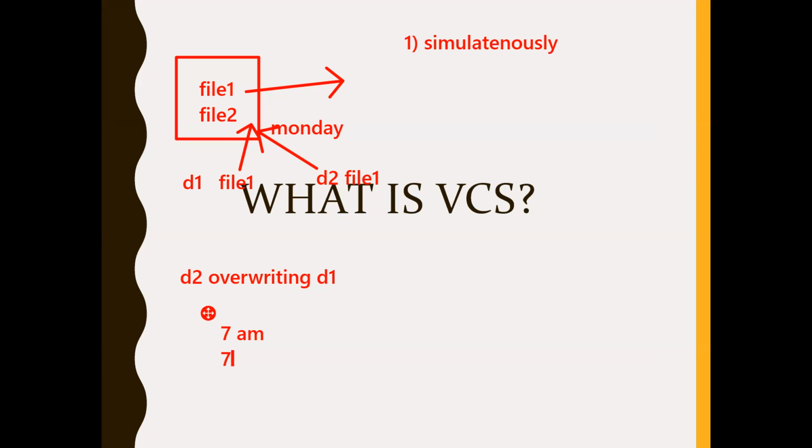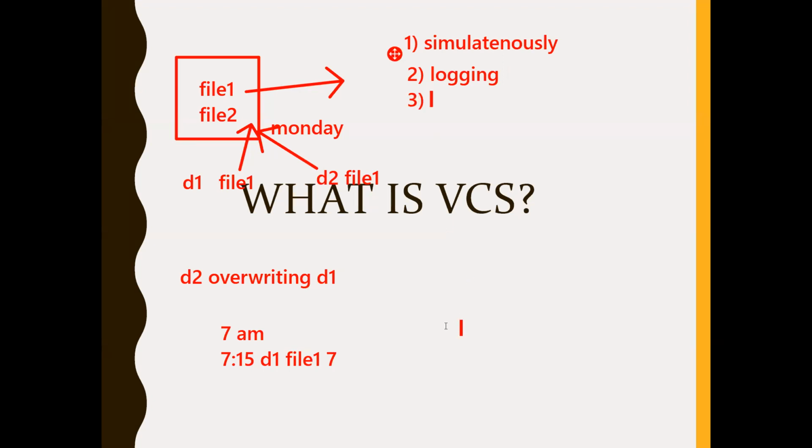Let's suppose at 7:15, developer D1 made changes to file 1 on line number 7, which led to these changes. If I have this kind of detailed logging, including the timestamp, it's very easy to revert or undo the changes. It helps with great logging, which is not possible if you do it manually. That's another advantage.